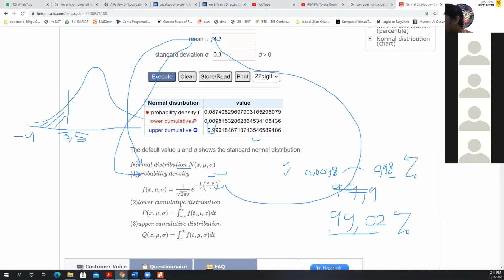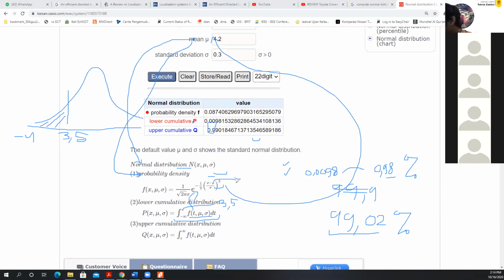And the lower cumulative is exactly the same as what we already expressed as integration here. You can see here integration from minus infinity to x. X here is represented by 3.5, right? This is the probability density function here, actually the same as this one.